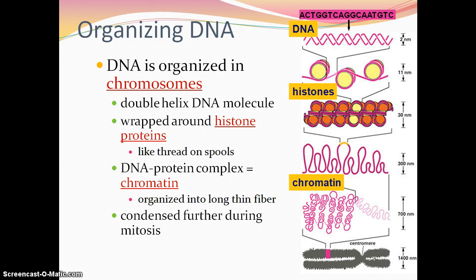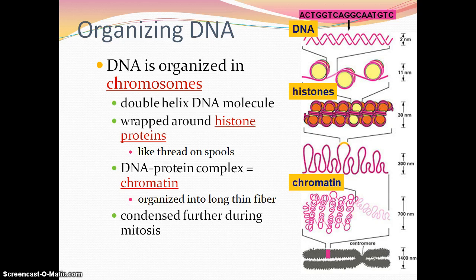You can think of histones as spools and the DNA as thread, so the wrapping around the histone is like thread around a spool. There are a number of histones for every chromosome, and that DNA and protein complex, the histone and the DNA together, is defined as chromatin.